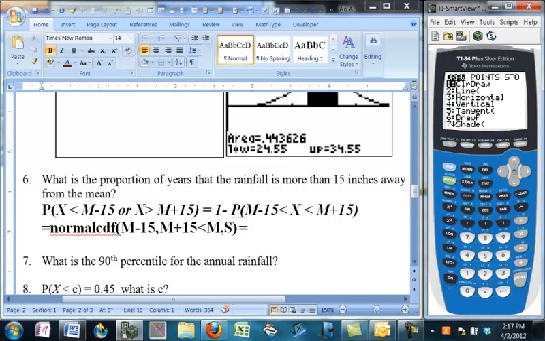Clear my drawing, go back to the home screen, clear that, normal CDF, m minus 15 to m plus 15, mu and sigma. There we go.